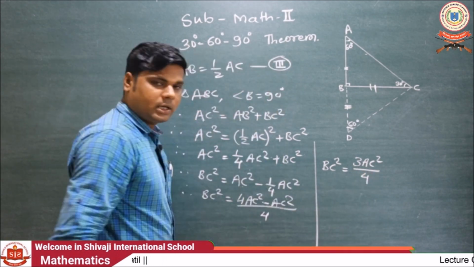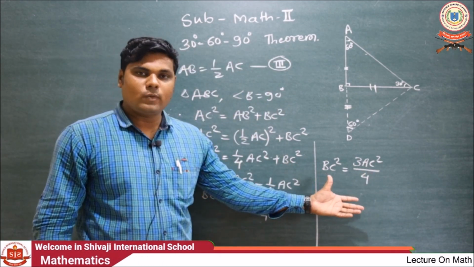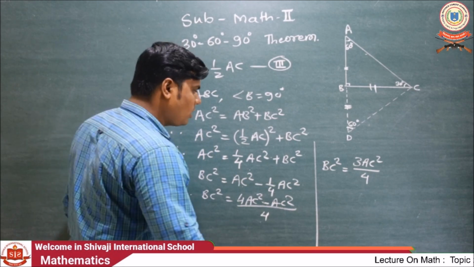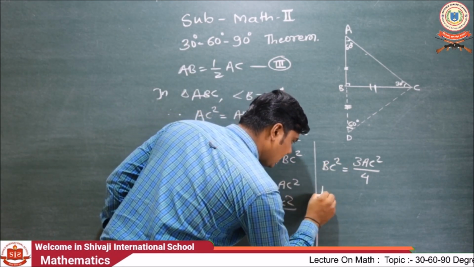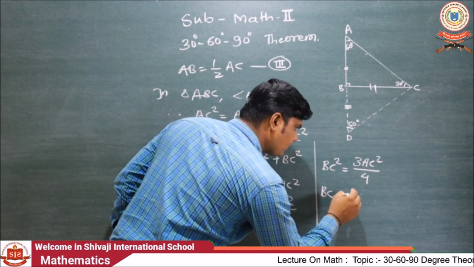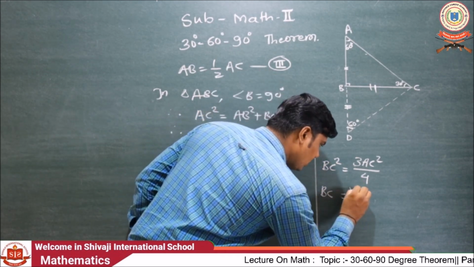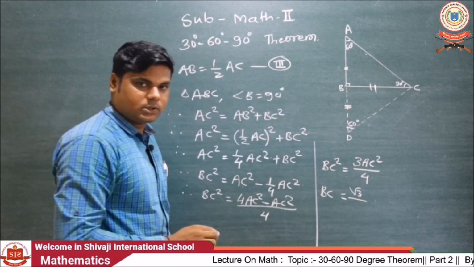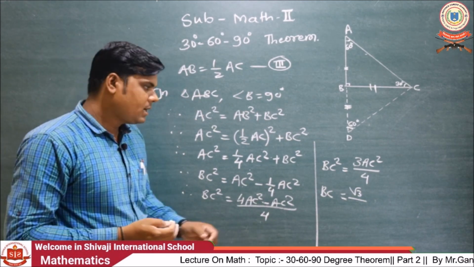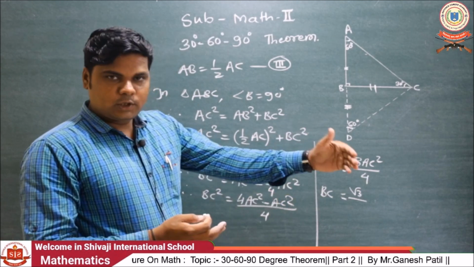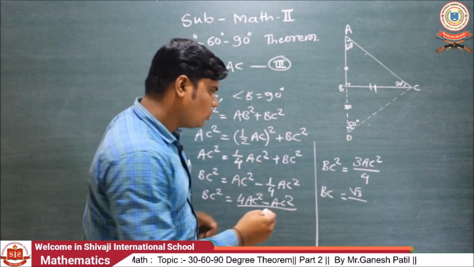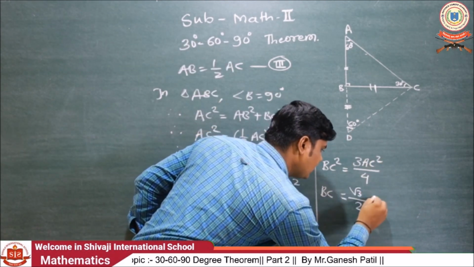And we take the square root of both sides. Square root of BC square is BC. This is the square root of 3, under root of 3, because 3 is not a perfect square number, and the square root of 4 is 2 because 2 square is 4. And the square root of AC square is AC.